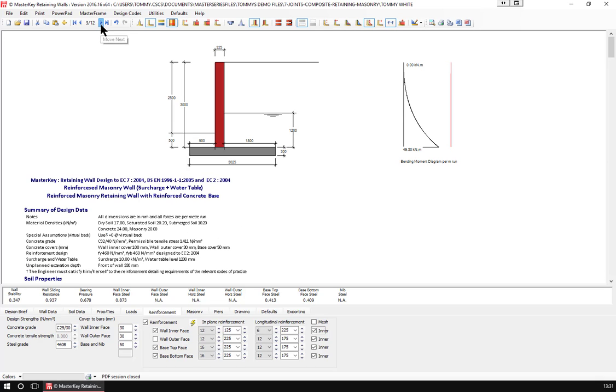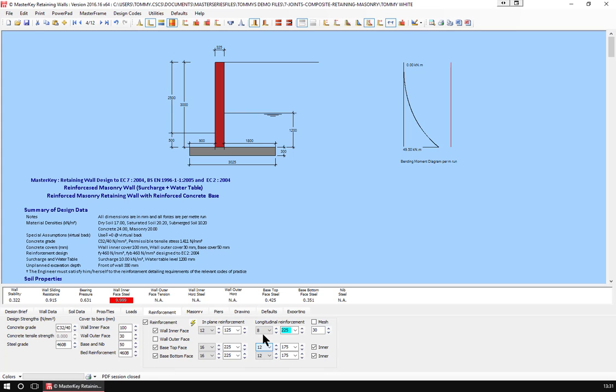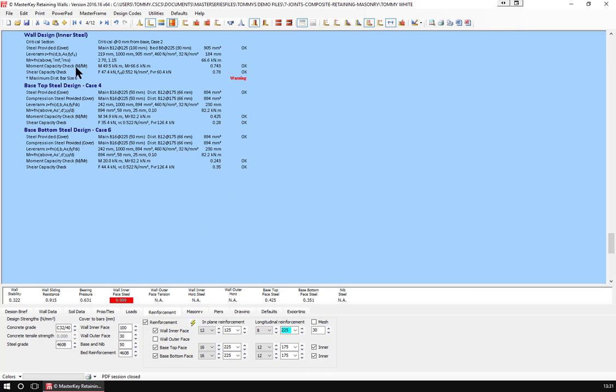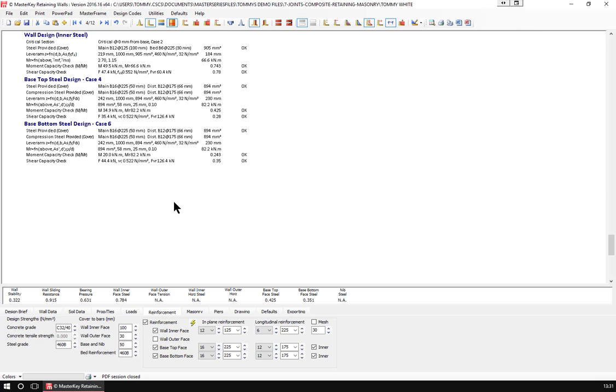Oops, one too far. There we go. You will notice that I only use 6 mil bars for the longitudinal at 225, so at every other brick course. If I went up to 8 mil bars, it actually gets annoyed because the maximum distribution bar in a mortar bed is 6 mil. So I'm going to drop that down to 6 mil again, and it's all happy.